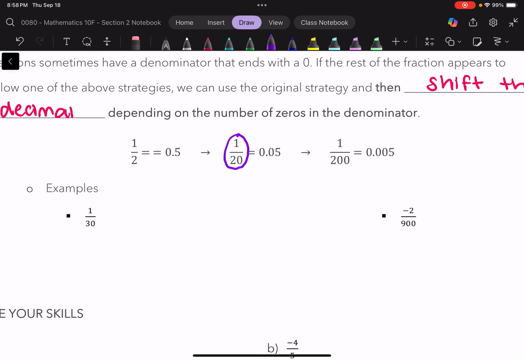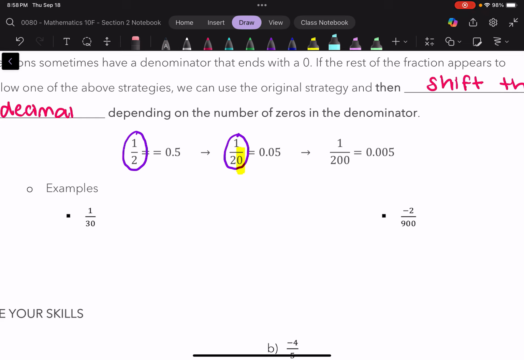Now 1/20 isn't something I might know off the top of my head. Maybe you do, and if you do, awesome. But maybe you don't. Now 1/20 and 1/2 are very similar, except that extra zero exists in the denominator, and it's a trailing zero, which means the zero comes at the end of the number.